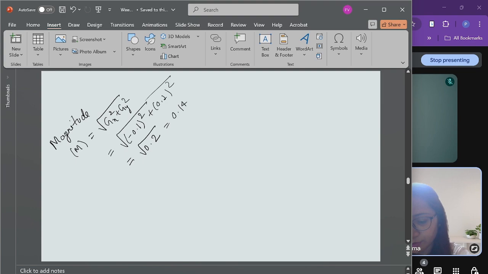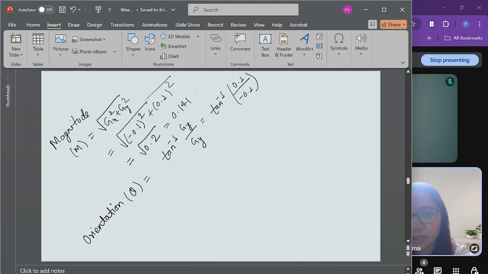Okay. Similarly, we have to calculate the orientation in degrees, that is theta. So the formula is tan inverse of gy divided by gx. So it is tan inverse of 0.1 divided by minus 0.1.